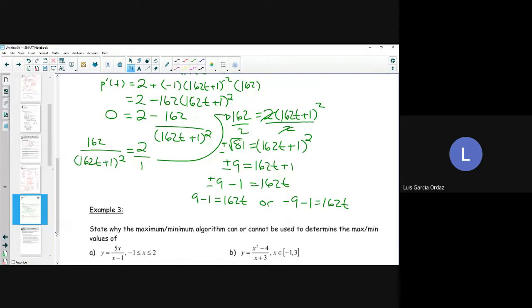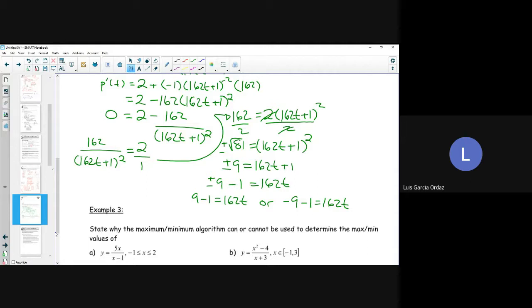Because we are talking about time, which expression is not going to work out for us? The negative value.